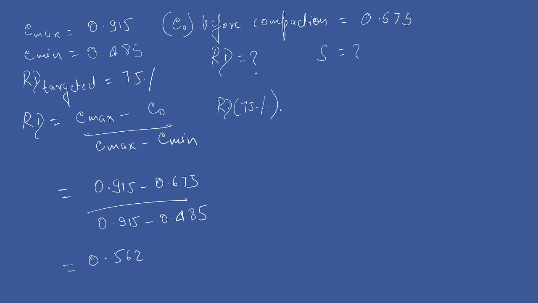So 0.75 equals 0.915 minus E naught, divided by 0.915 minus 0.485. If you simplify the equation, the void ratio is 0.592.